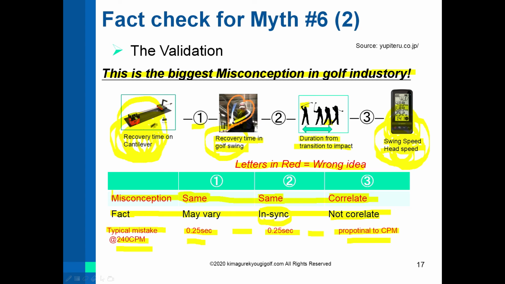So if this is correct, that will not happen, right? He or she can do it because he can adjust the recovery time in golf swing, and he can synchronize it with the impact timing here. This is why he or she can hit 300 yards with a ladies club.